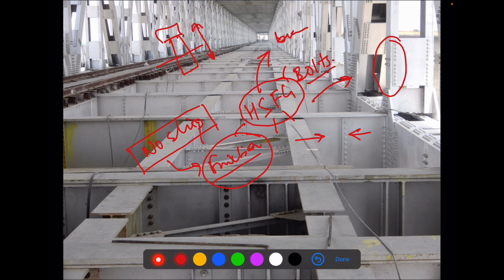Unlike this, in friction grip bolts, the shear force is compensated with the help of friction. So this is the basic difference between normal bolts and HSFG bolts. Nowadays, most of the railway transportation system, and even road authorities, whenever they provide bolts at site, they go for HSFG bolts. These are very common these days.